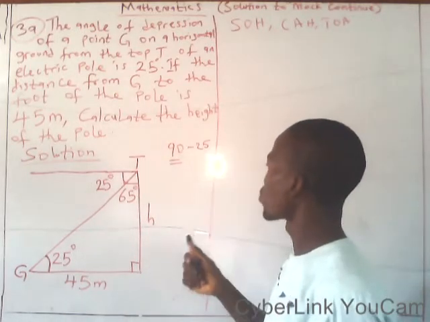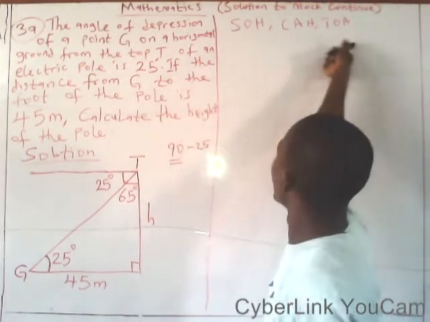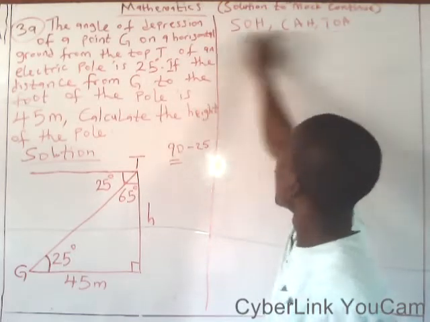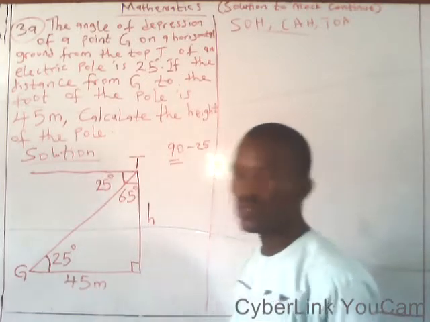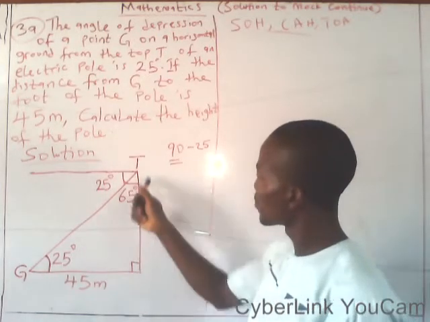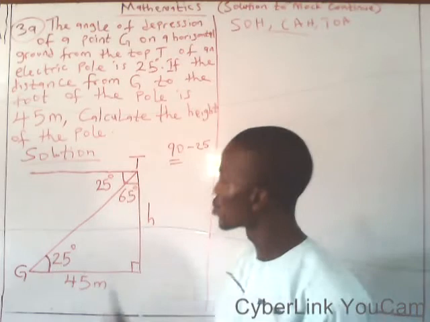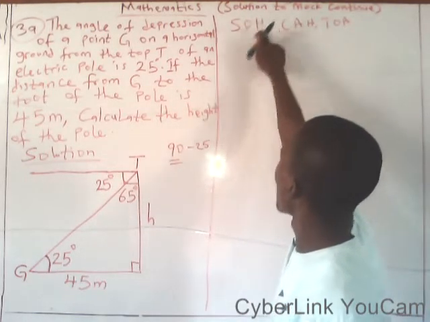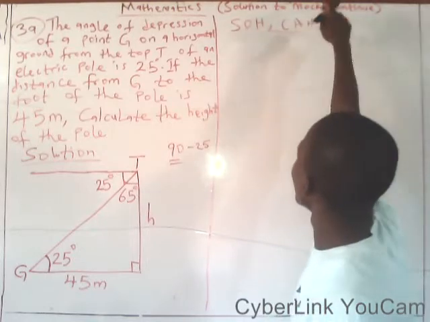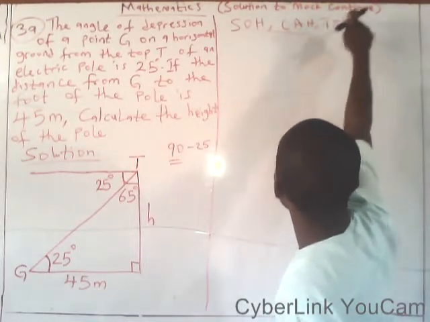Now from SOHCAHTOA, which of these items match opposite and adjacent together? If you look into it critically, sine is opposite and hypotenuse, cos is adjacent and hypotenuse, tan is opposite and adjacent.